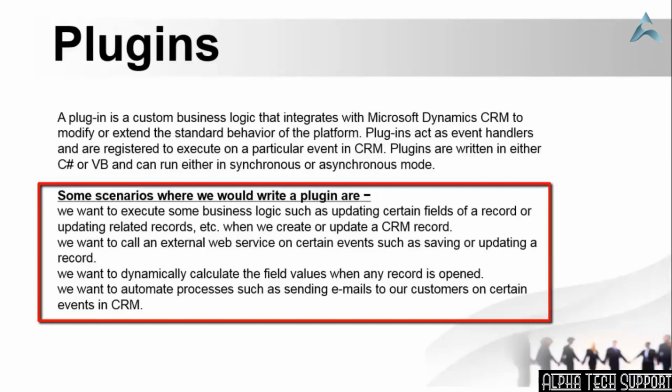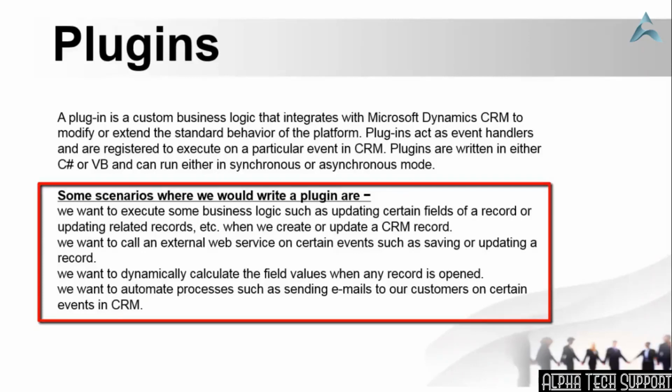If we want to dynamically calculate a field value when any record is opened, at that time also we have to use a plugin. For example, I need to decide the tax rate based on the amount entered, so I need a plugin for that.